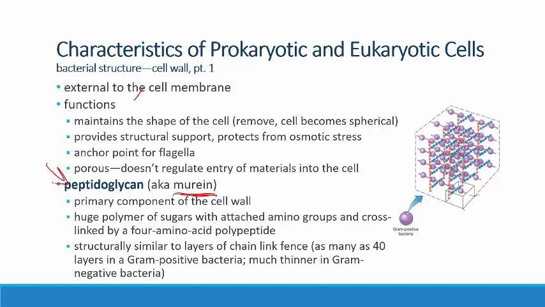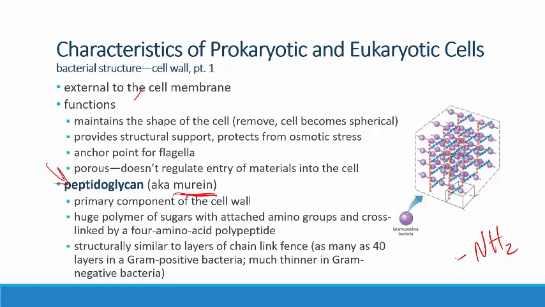It's a polymer of a number of sugars, and the sugars have attached to them some amino groups. Amino groups are NH2 attached to a carbon. And then they are cross-linked by a polypeptide that's built of 4 amino acids.